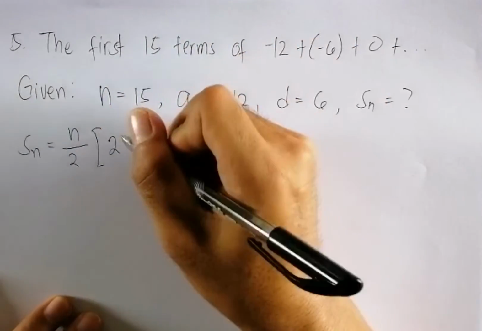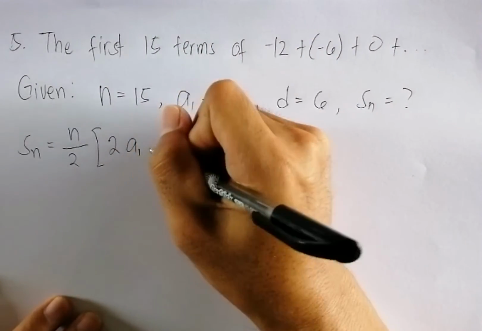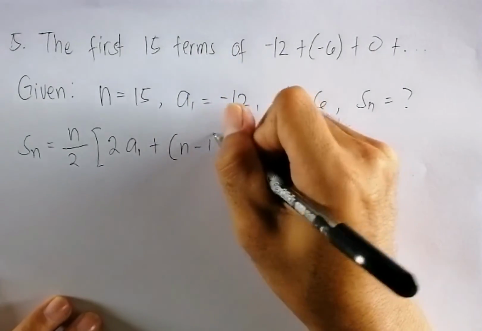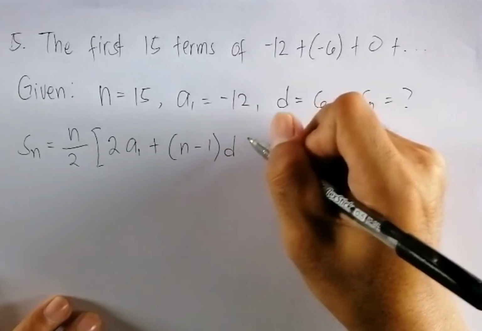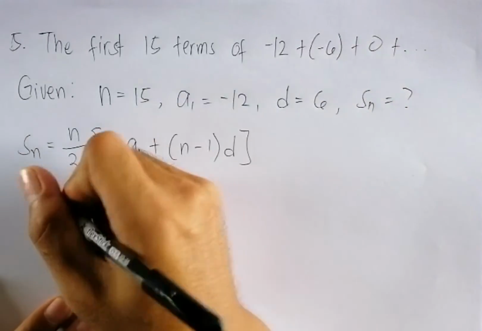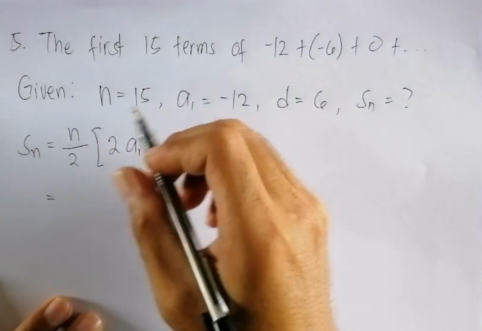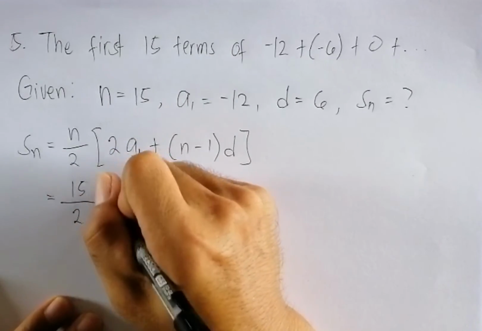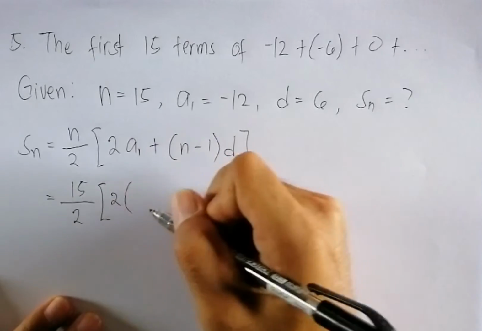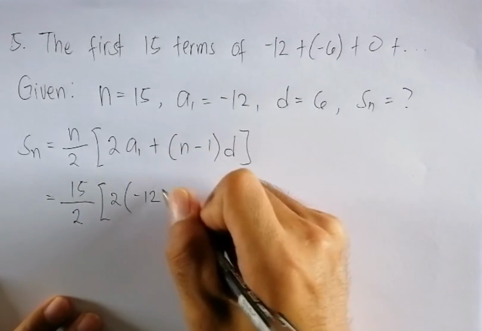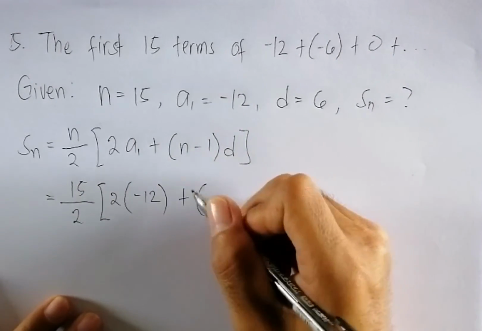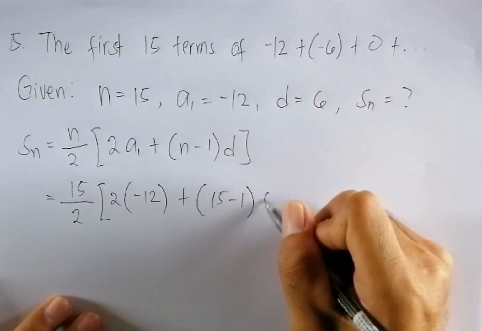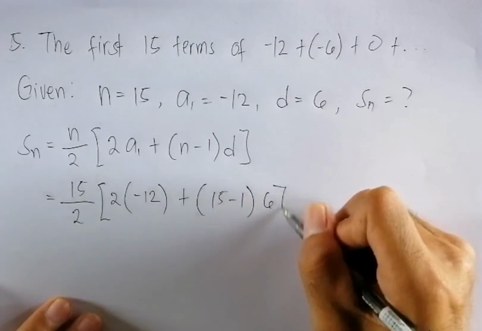Two times the first term, n is 15 over 2. 2 times negative 12, which is the first term, plus n is 15 minus 1. Then the common difference 6.